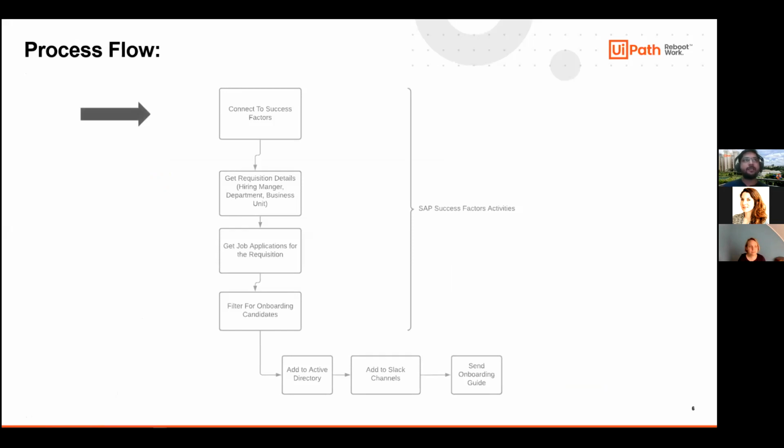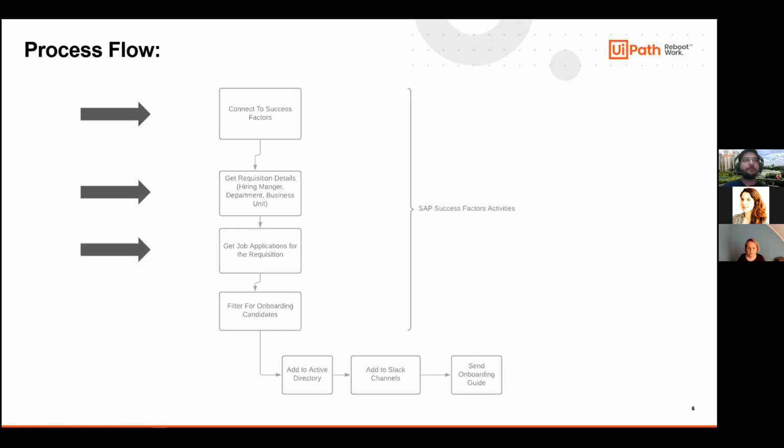So we will start by connecting to the SAP SuccessFactors instance, and then we are going to get the requisition details. When we say get the requisition details, we are talking about things like who is the hiring manager, what is the department, which is the business unit. This is the information that will be required to create the Active Directory entry, because the candidate will be reporting to the hiring manager, for example, and the department and business unit will help us in creating the right channels and adding the user to the right channels.